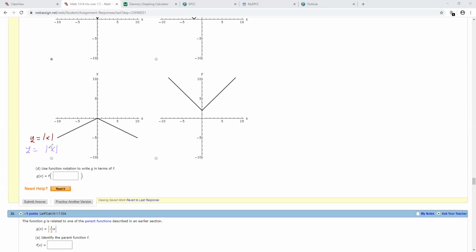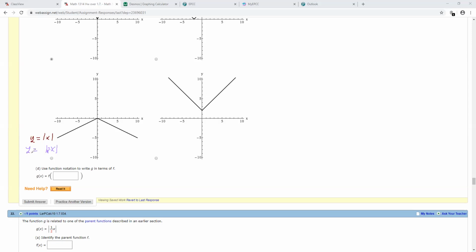And they said if you multiply it by 2, then this has an impact on the horizontal dilation. And that is, again, to move all these points closer to the y-axis, and not times 2 the distance, but the distance divided by 2.